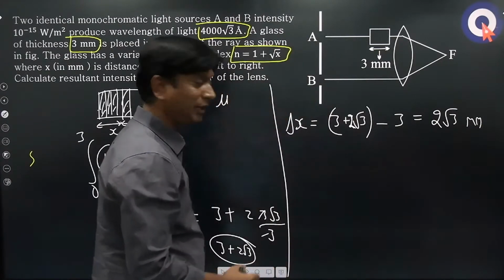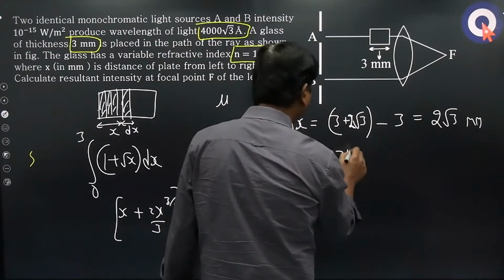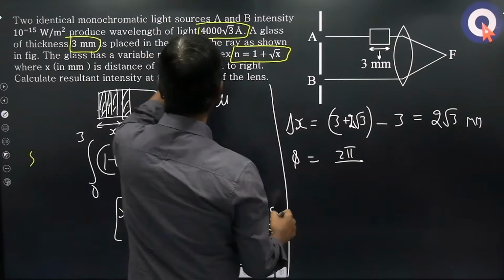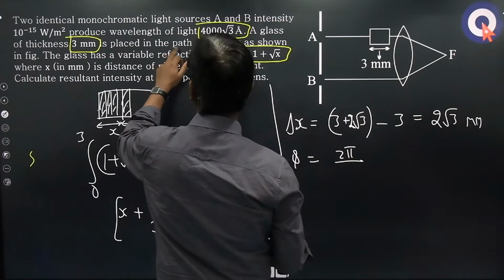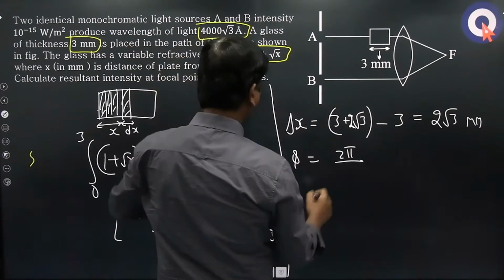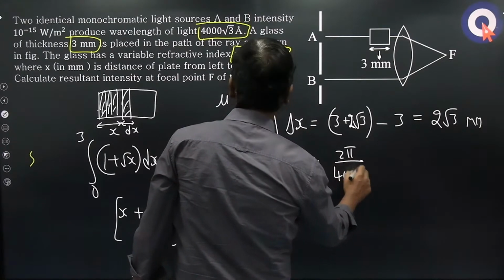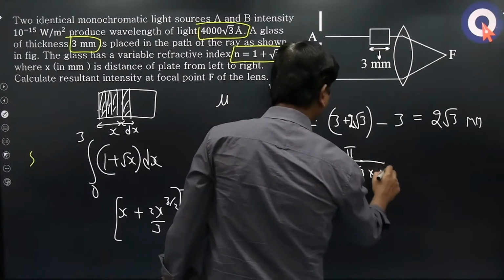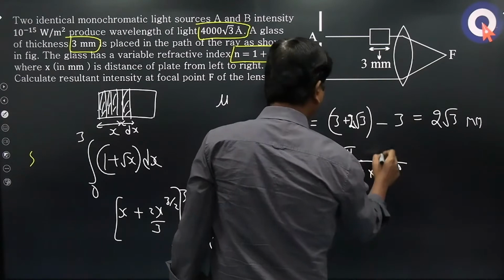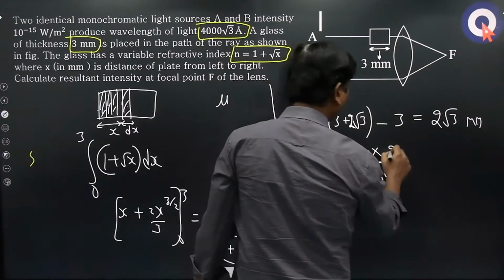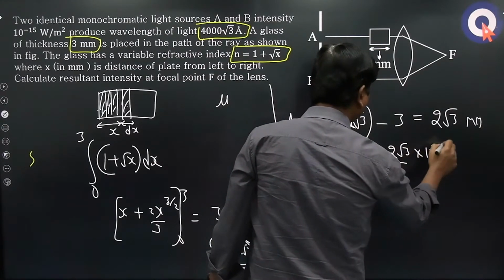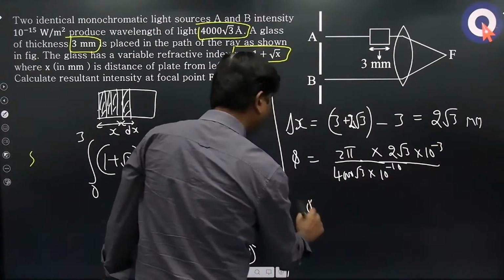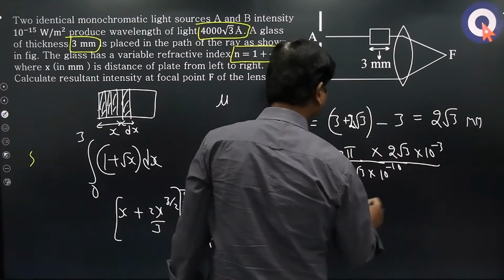So let us calculate the phase difference. Phase difference is equal to 2 pi by lambda times delta x. Lambda is already given, 4000 root 3 angstroms, that is 10 power minus 10 meters, into delta x, which is 2 root 3 mm, 10 power minus 3. So how much phase difference will you get?